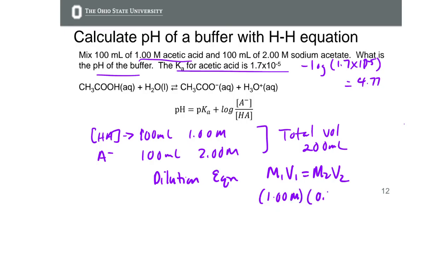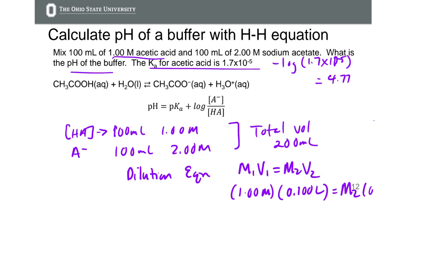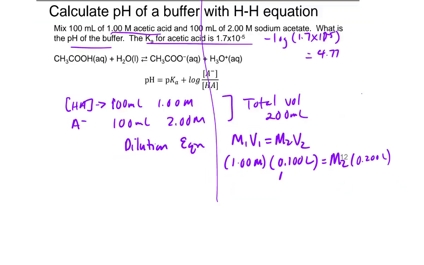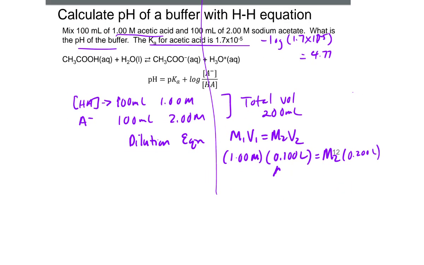Initial volume is 0.1 liters, or 100 milliliters. We're solving for M2, the new concentration at the new total volume, which is 0.2 liters. So M2 then is equal to 0.5 moles per liter.